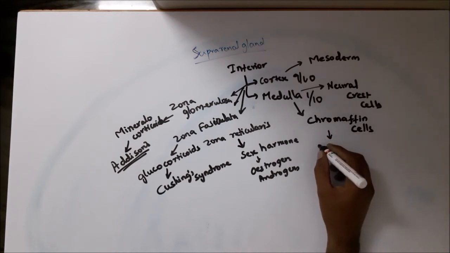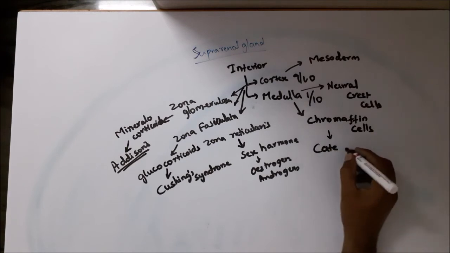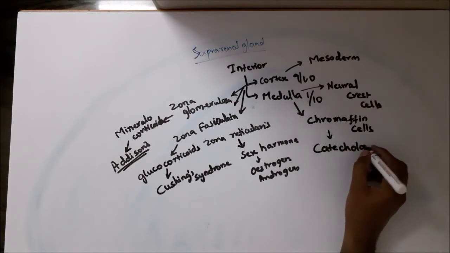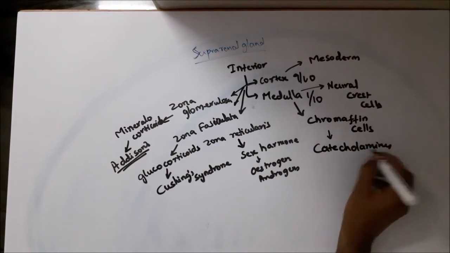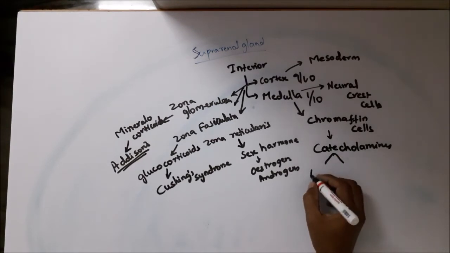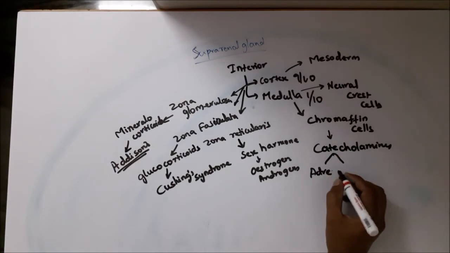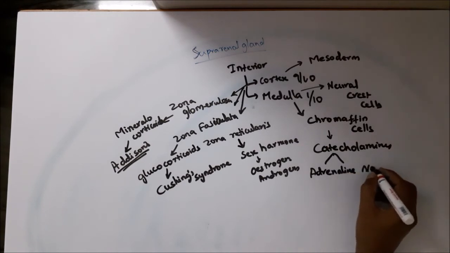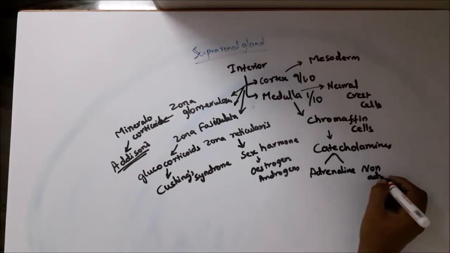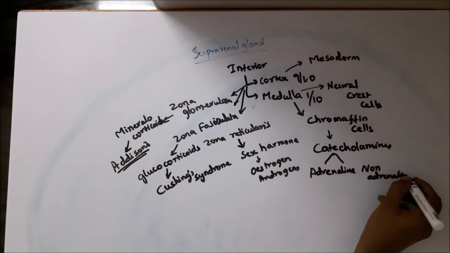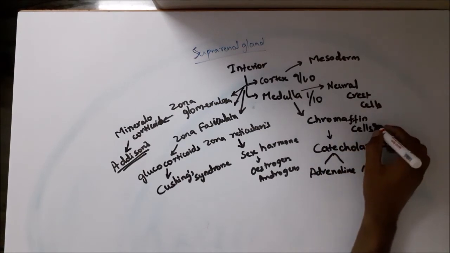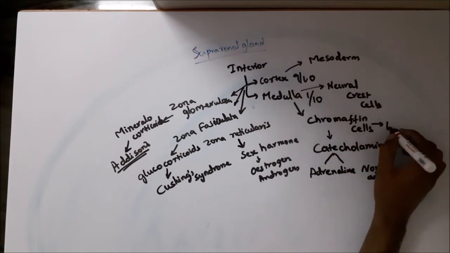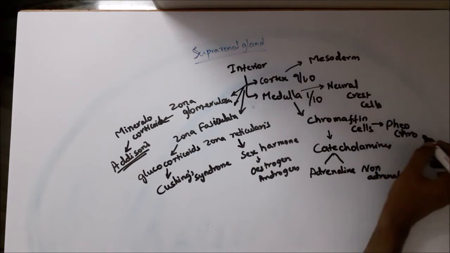These secrete catecholamines, that is adrenaline and noradrenaline. So these are the fight and flight hormones. There is a tumor of these chromaffin cells, that is pheochromocytoma.